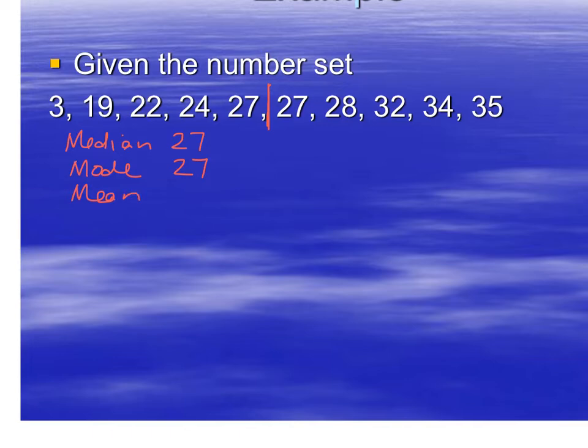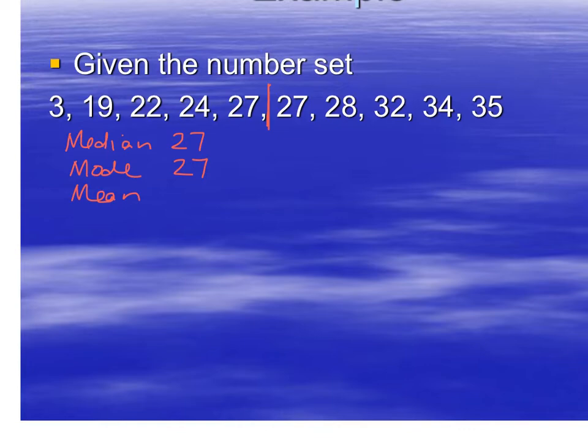The mean in this situation, we would just add up the data and divide by 10. So I'm adding 3 plus 19 plus 22 plus 24 plus 27 plus 27 plus 28 plus 32 plus 34 plus 35. That's 251.